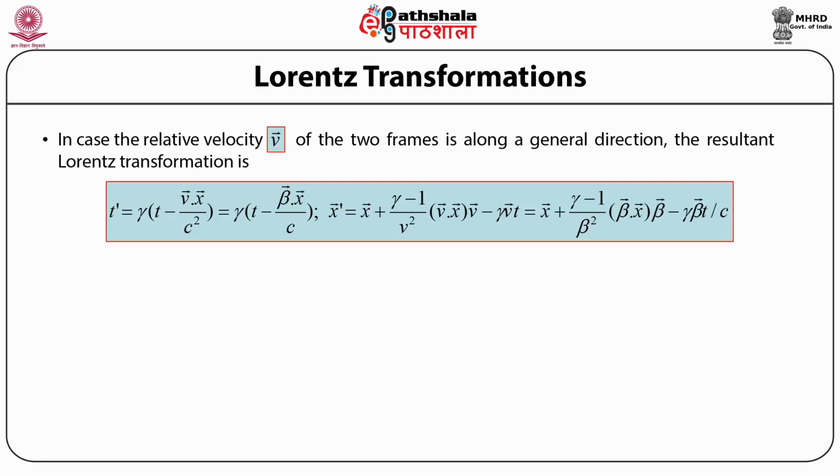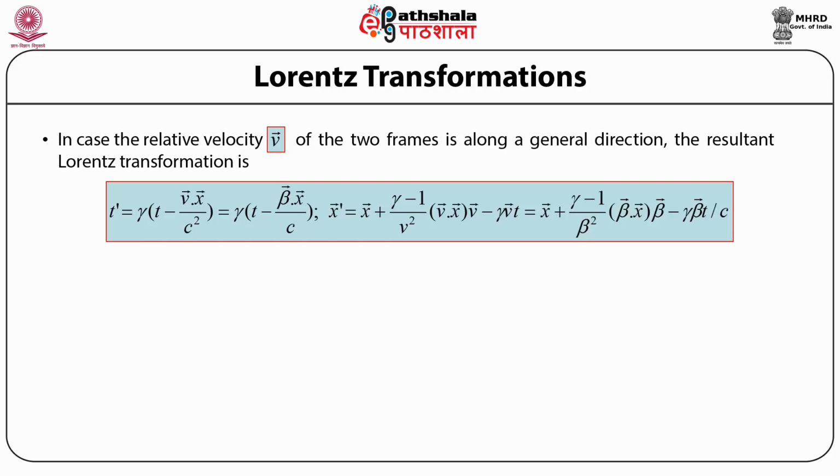The vector x prime is equal to vector x plus (gamma minus 1) by v square times (vector v dot vector x) times vector v minus gamma times vector v times time t, and this is equal to vector x plus (gamma minus 1) by beta square times (vector beta dot vector x) times vector beta minus gamma times vector beta times time t upon c.